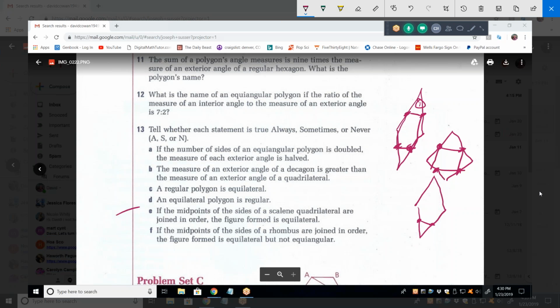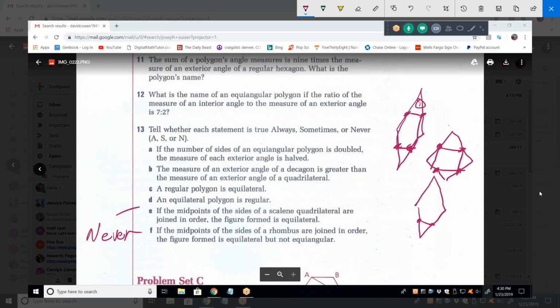And so what is the answer to F? The answer to F is never.